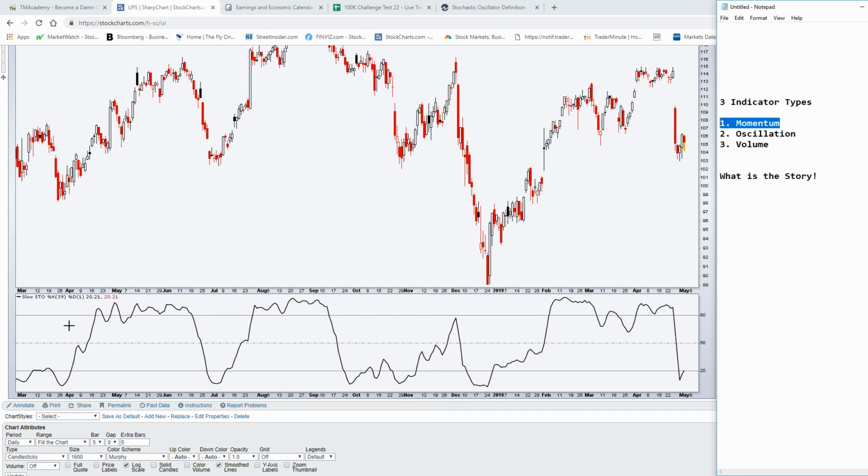Very simple indicator, one of the oldest indicators out there, and it's still in use today, and that tells you a lot, right? Now, there are very sophisticated variations to this indicator. Yeah, there are.